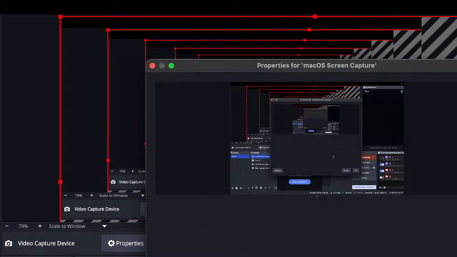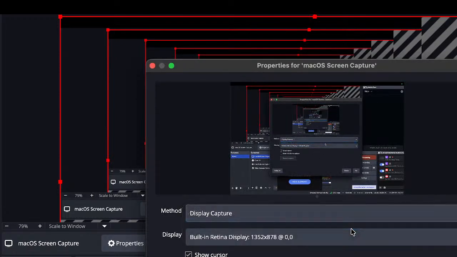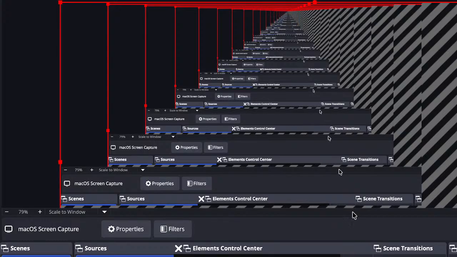It's not add elements. There it is. Screen capture. Okay, application capture.